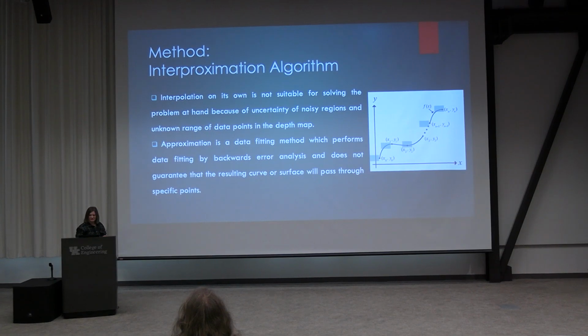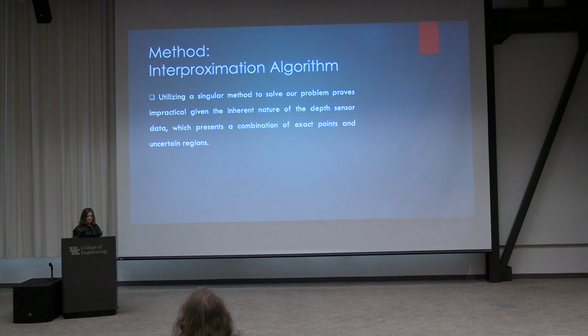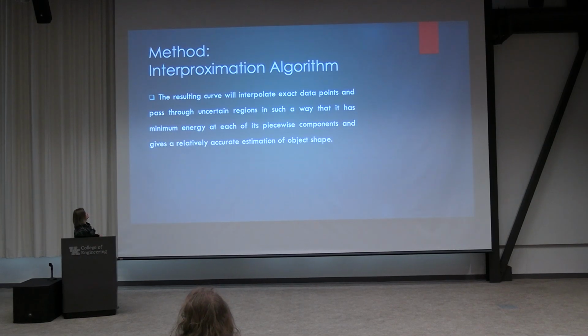So this is an approximation technique. Again, utilizing a single method is not suitable, so we will combine these two into a hybrid method, interproximation, which contains interpolation and approximation techniques.